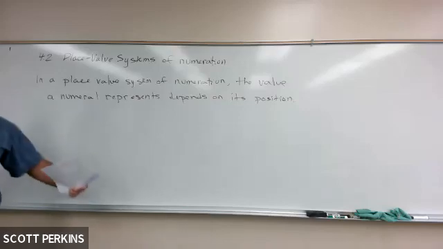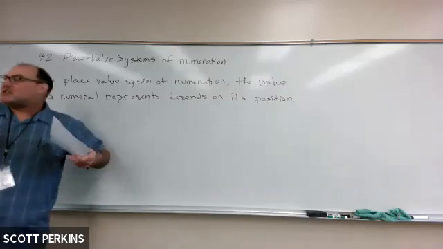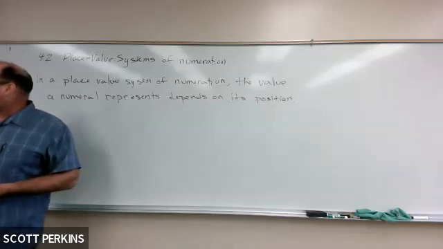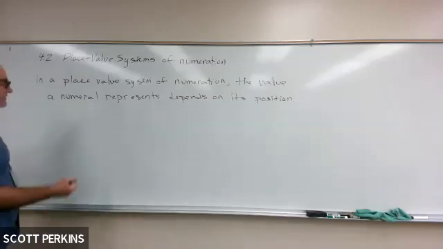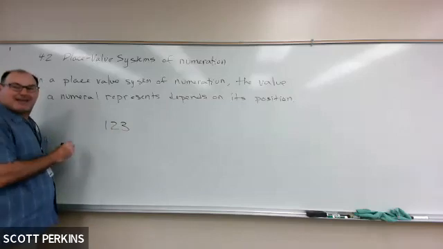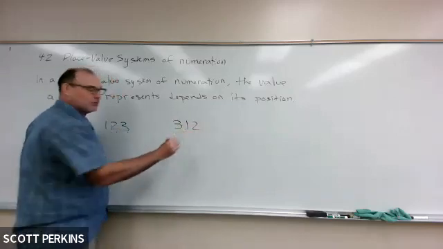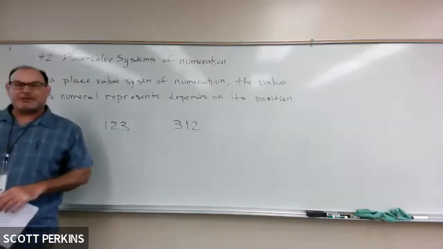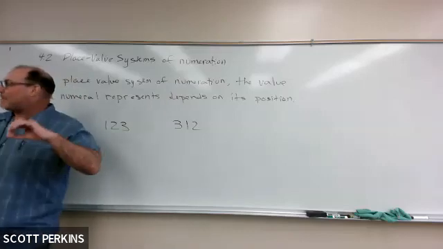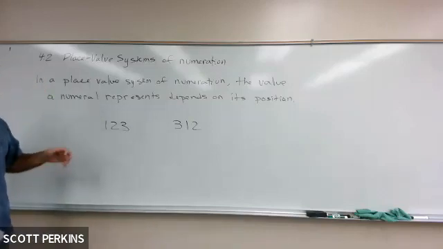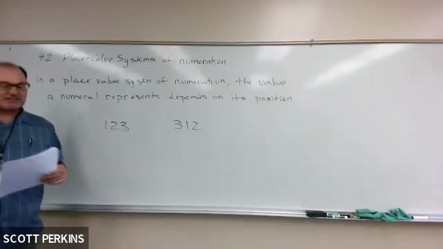Now we know this because these two numbers that I write on the board have the same numerals, but they mean entirely different things. So if I write 1, 2, 3, that means something completely different to us than 3, 1, 2, right? It's the same three numerals, but putting them in a different order communicates something completely different. And that's because of the place value.